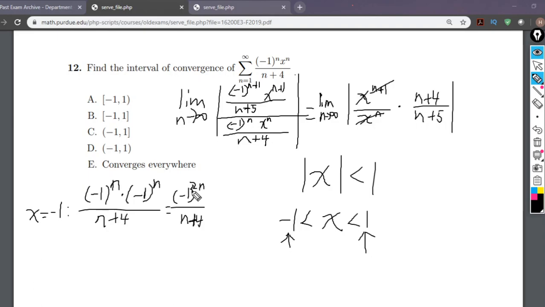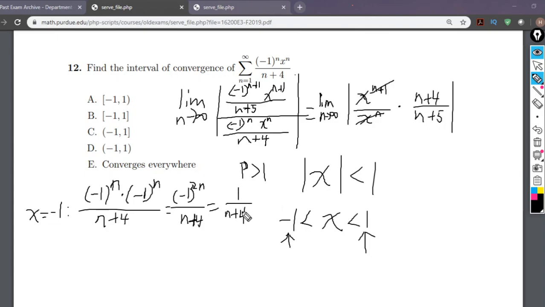Now, since this is an even power always, with n being a whole number, we will have -1 to the even power is always 1. So this simplifies to this. If you plug in -1 for x here, the series simplifies to 1 over n plus 4. And this is divergent rather than convergent because of the p-series. When p is more than 1, then it converges.